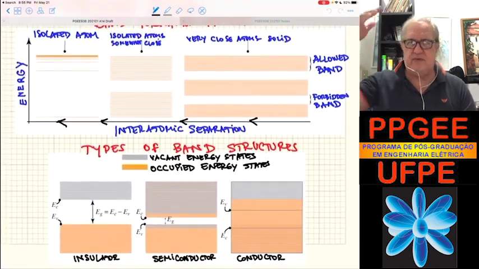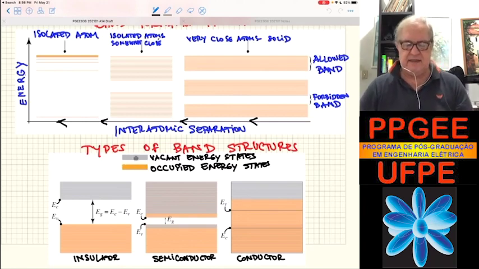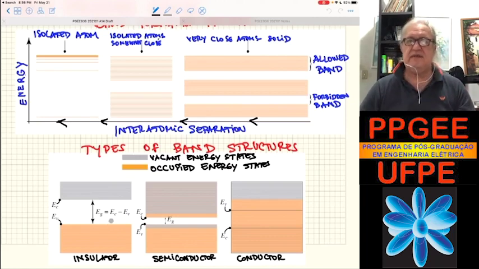You can have multiple energy bands, but in a very simplified way, the lower range of energies is called the valence band, and the upper range is the one that's vacant mostly. These orange are the occupied and this gray are the vacant. So we can call the lowest energy levels the valence band, the upper the conduction band.